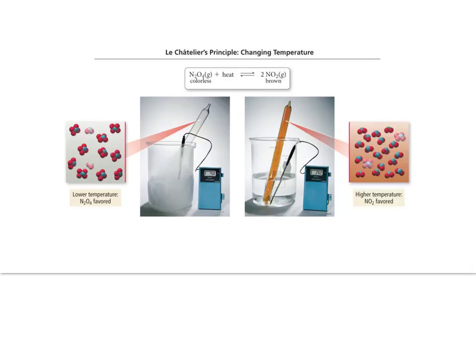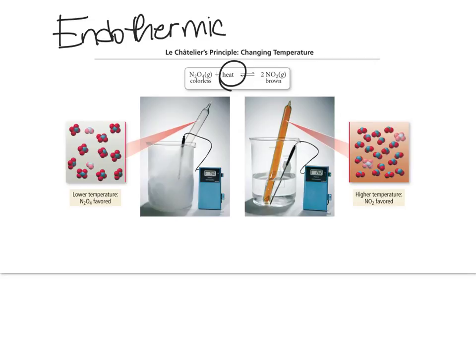As I just referred to on the previous slide, this is an endothermic reaction. And we see that heat is a reactant. So in this case, my test tube is in an ice bath. Okay, I know that the reactant is clear or colorless, and the product is this brown gas, nitrogen dioxide.